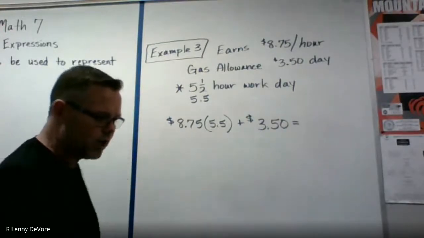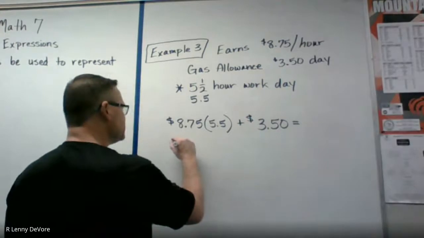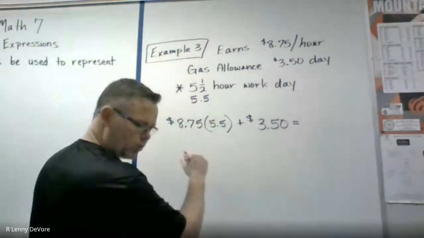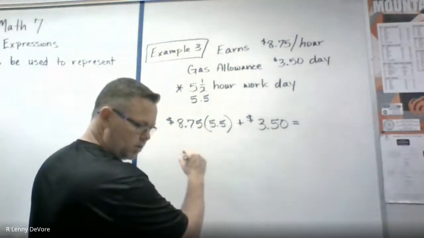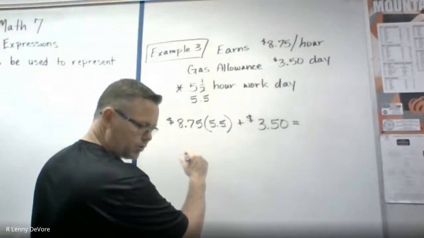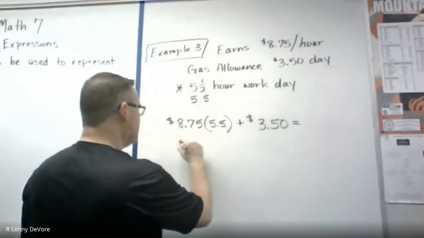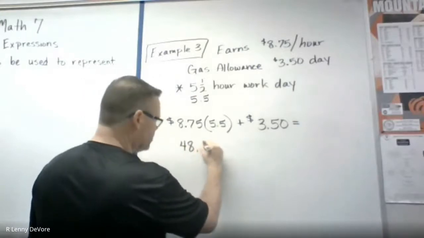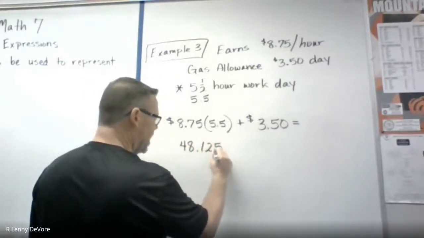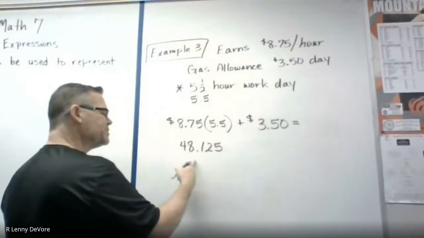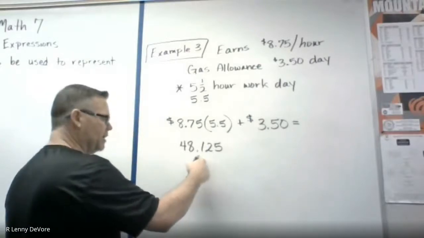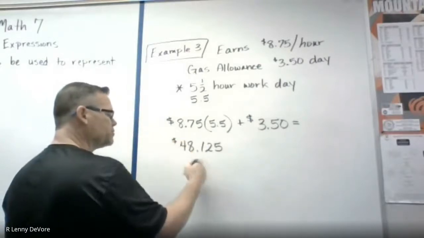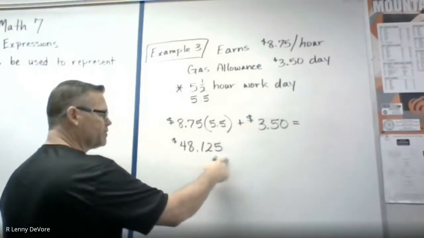So when I multiply, this is what's interesting, and we're going to round it. Here I get 48.125. But we have to remember, guys, that this is actually money, and we don't go out 3 places behind the decimal. You don't get 12.5 cents.